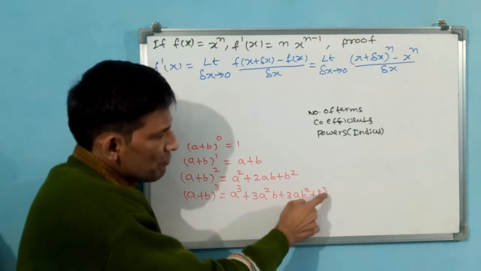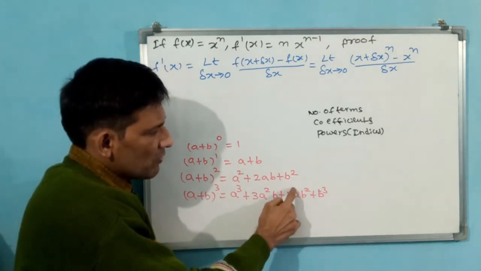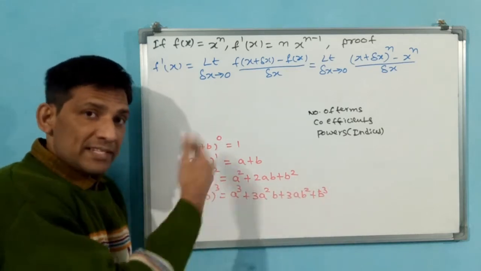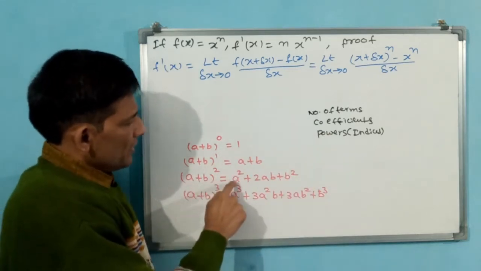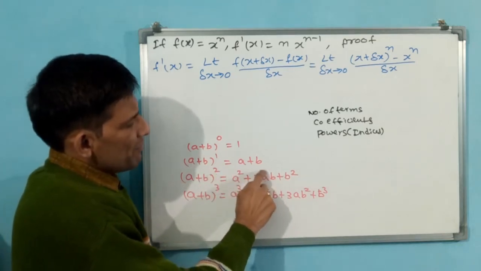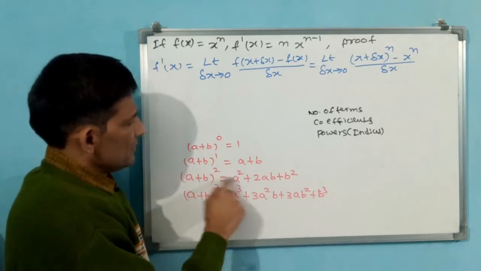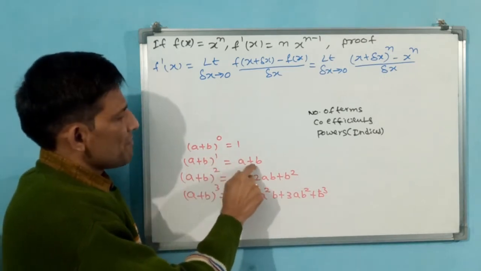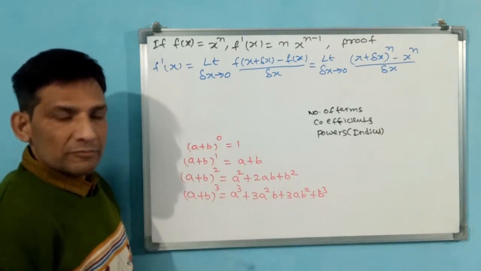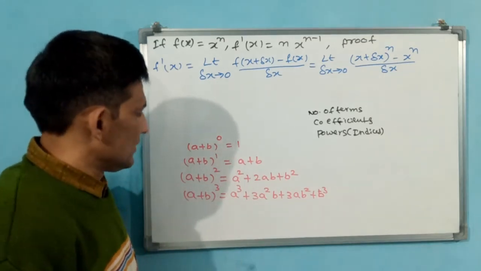In the third term also 1 plus 2, 3. Fourth term also 3 is there. That means power should match in each term. Here also A square, 2 is there. Here also AB means A power 1, B power 1. B square, A power 0 means 1. Okay, you understand now?